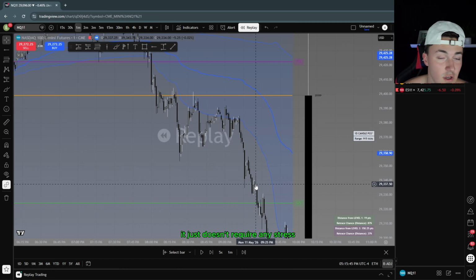It just doesn't require any stress. It doesn't require any effort. It is basically just giving you a draw on liquidity with a statistic behind it, saying this is the statistic for this lower high to get taken in this day. Okay, so it's super simple. As long as you get a good entry and as long as you get a good target, you are fine, okay?